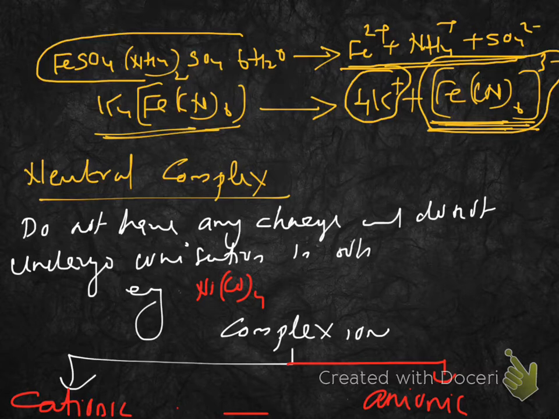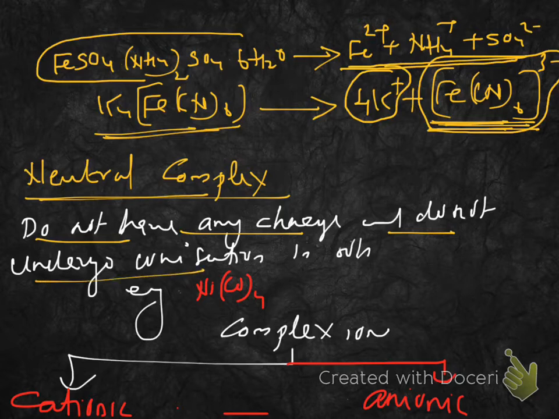Now we have neutral complexes. They do not have any charge and do not undergo ionization in solution. Such complexes, when dissolved in water, have no capacity to ionize. They are highly stable also. Example, Ni(CO)4.